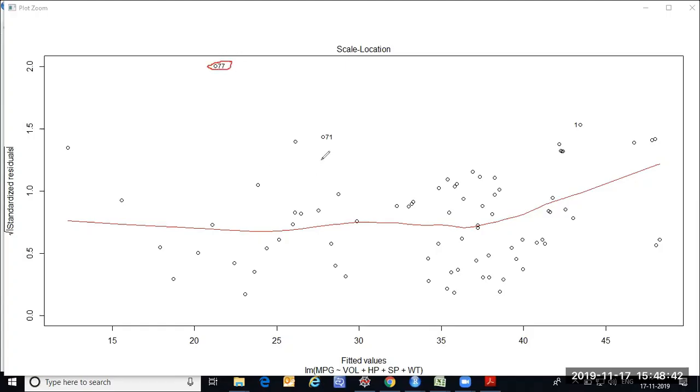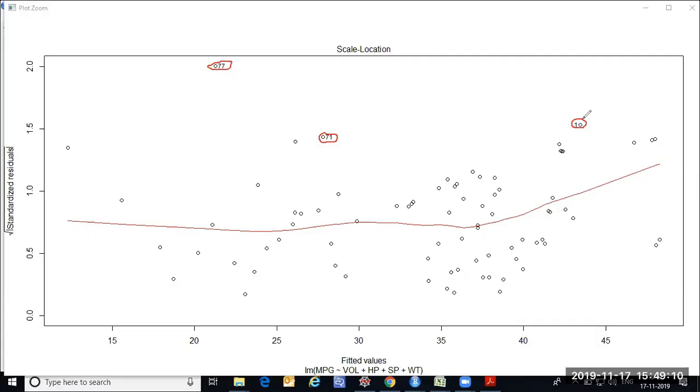These are the observations which are influencing the overall prediction of the model. Because of the way you have the data in your data set, these observations are influencing your predictions. That's where the predictions are not accurate enough.